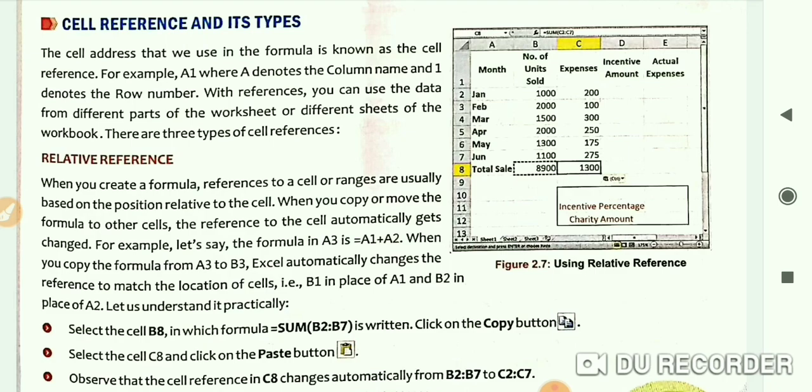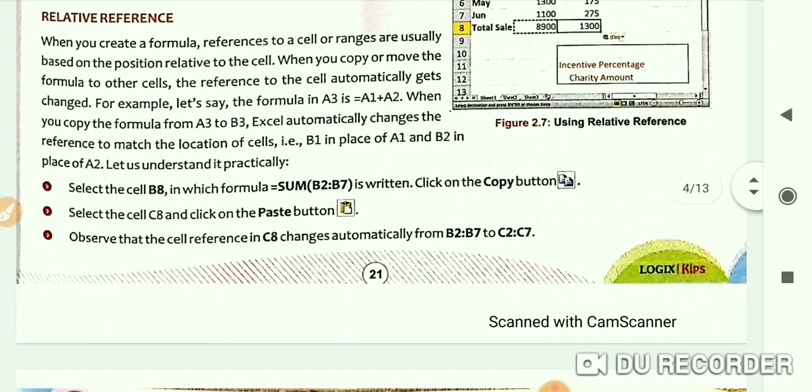There are three types of cell references. The first one is relative reference. So what is relative reference? When you create a formula, references to a cell or range are usually based on the position relative to the cell. When you copy or move the formula to another cell, the reference to the cell automatically changes.